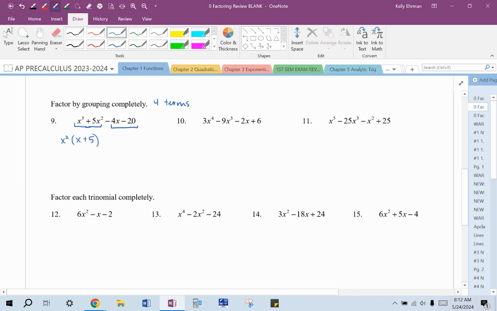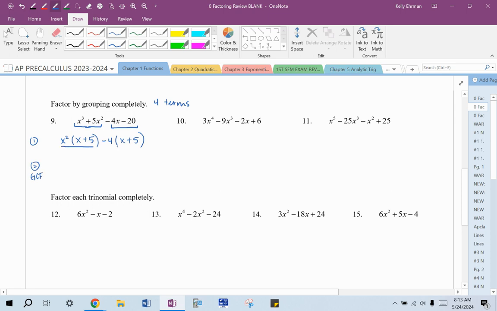We could factor out plus or minus 4, but we need to factor out a minus 4, because for factor by grouping to work, you need to get the same exact parentheses when you factor out the GCF. So I factor out a -4, which just means divide by -4. You get positive x plus 5. All right, so that's the first step to factor by grouping. And then the second step, it's really just a GCF, just a complicated GCF.